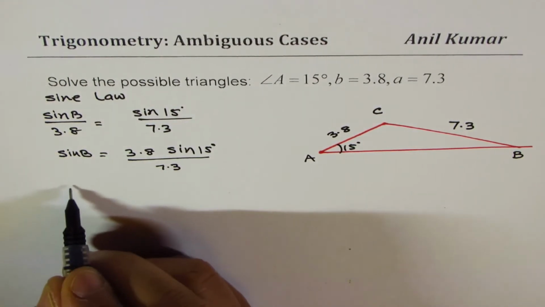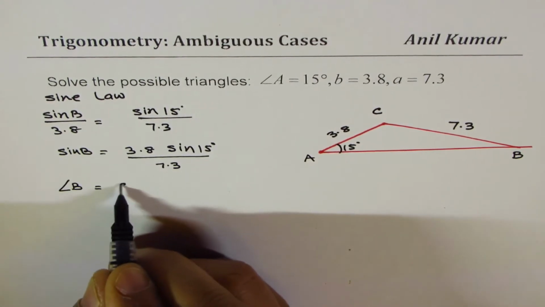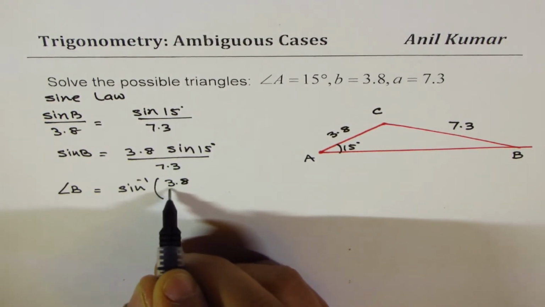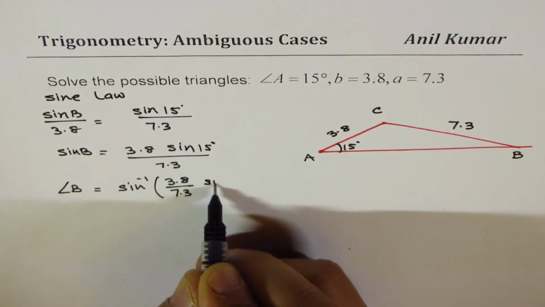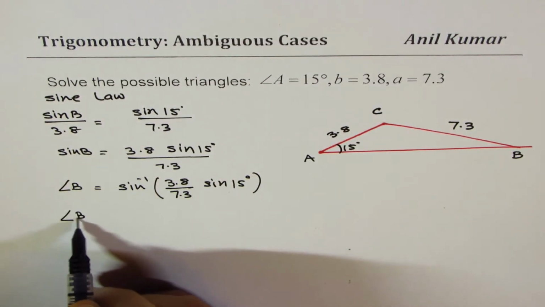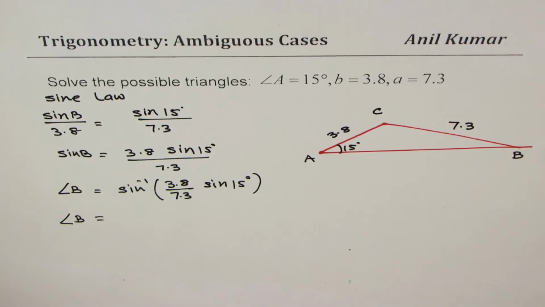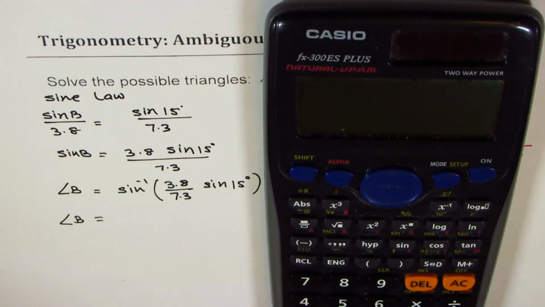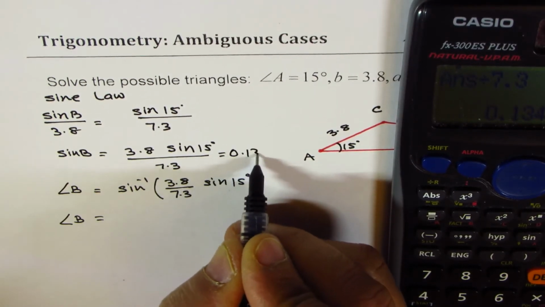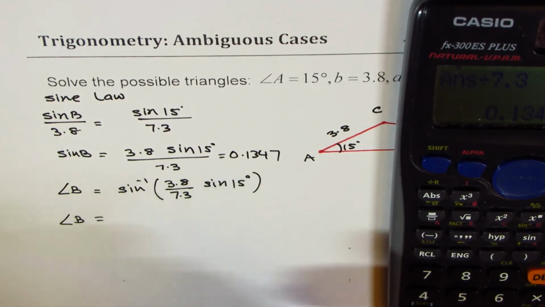Now we can calculate this and then find angle B as sine inverse of all this, 3.8 over 7.3 times sine of 15 degrees. Is it okay? So that is how we can find angle B. Once we find angle B, we can find all other things also. So let's calculate first this. We have 3.8 times sine of 15 degrees. We'll divide this by 7.3. Whatever we get, which is, let me write down here, 0.1347, we'll do sine inverse of this.